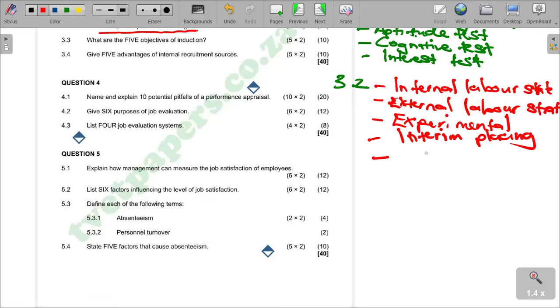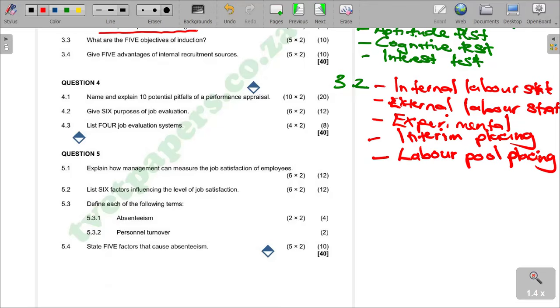Another one is what you call the labor pool strategy, or placing. Labor pool placing, whereby an employer can source candidates from outside the organization, from the labor market. They source potential employees from the labor market.